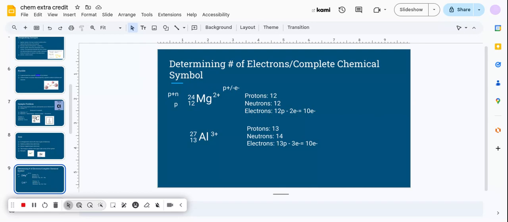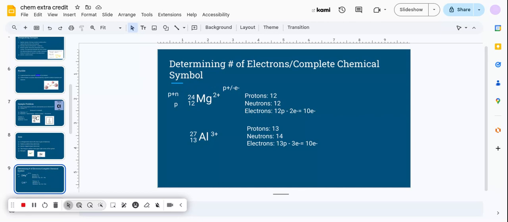So determining protons, neutrons, and electrons, you would take the bottom left number, which is the subscript, to find your protons, which is 12. Neutrons, you do the top subscript, or the superscript, minus the subscript to get you 12 neutrons. And then for the electrons, you take the number of protons.